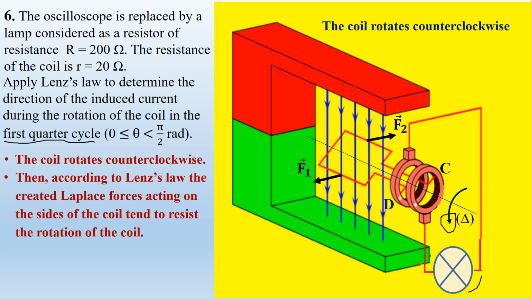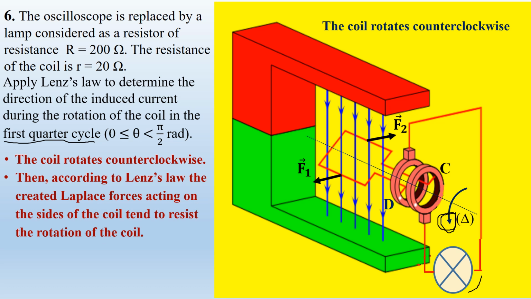Look at the figure. These are the created Laplace forces. This couple, as shown in the figure, tends to rotate the coil clockwise, which is opposite to the original sense of rotation. Now, let's apply the right-hand rule to determine the direction of the induced current.